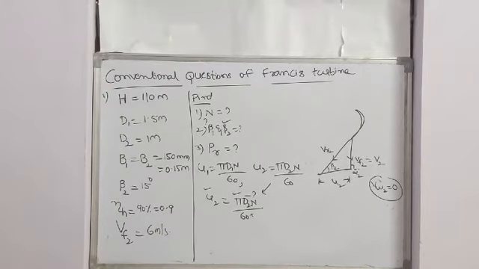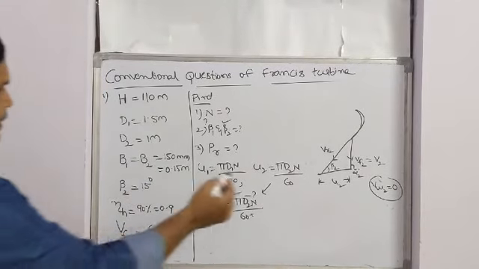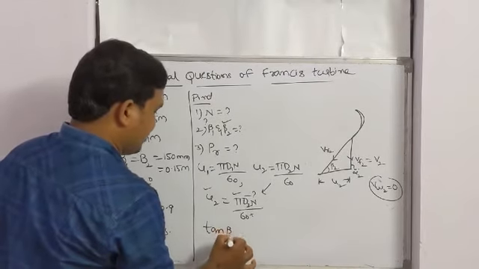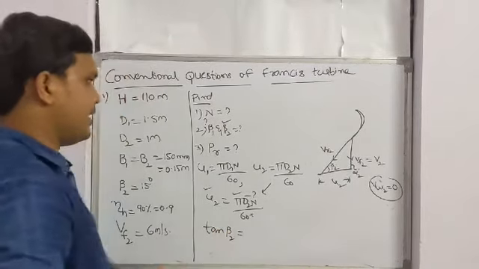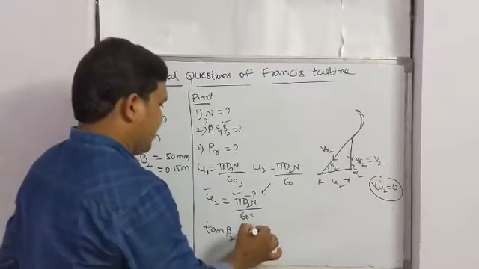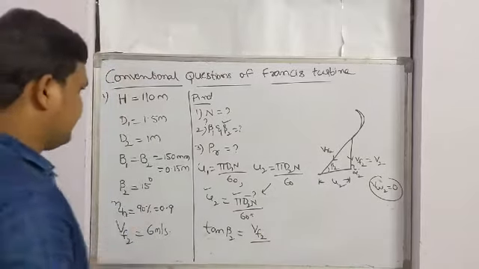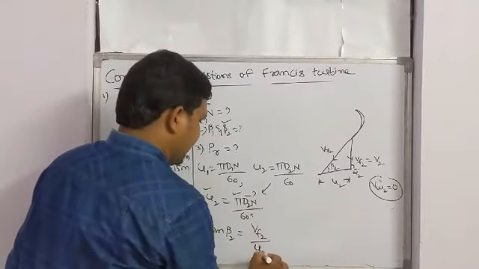So how can we find U2? We know that from the outlet triangle, tan beta 2 is equal to the opposite side Vf2 by the adjacent side U2.